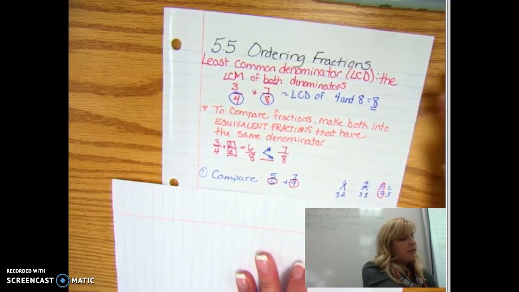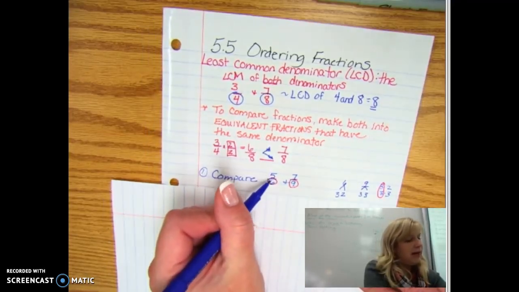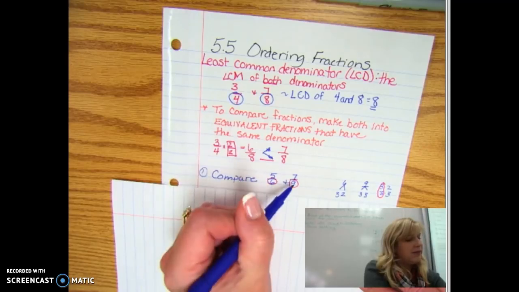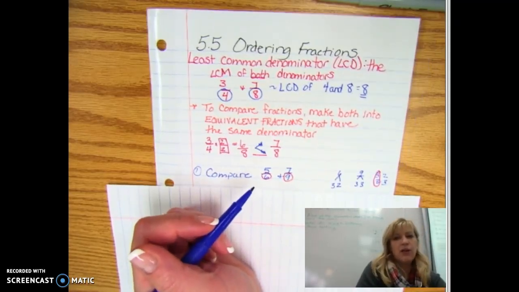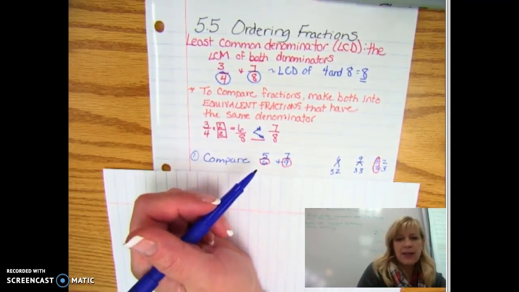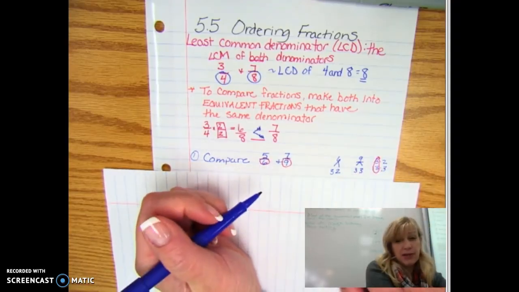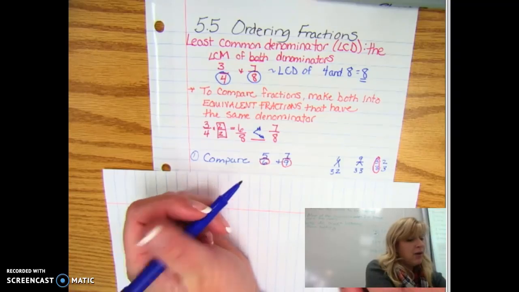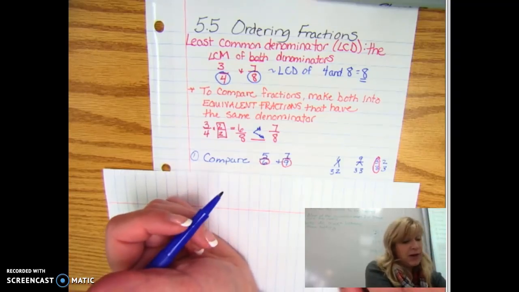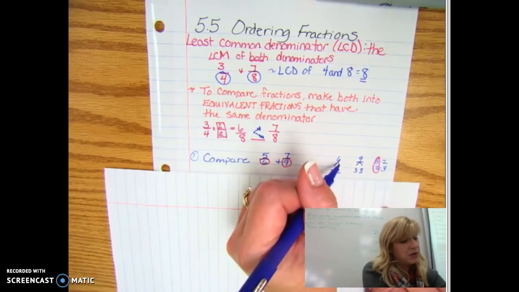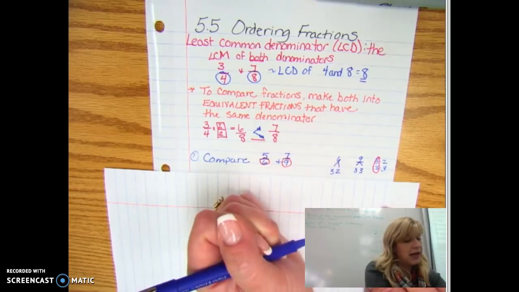So now let's say we want to compare 5/6 and 7/9. There are some of you who can look at that and say, well, I think that I know exactly what the lowest common multiple is. Or we can go to our lesson from 5.4 and we can make a factor tree of 6 and a factor tree of 9.